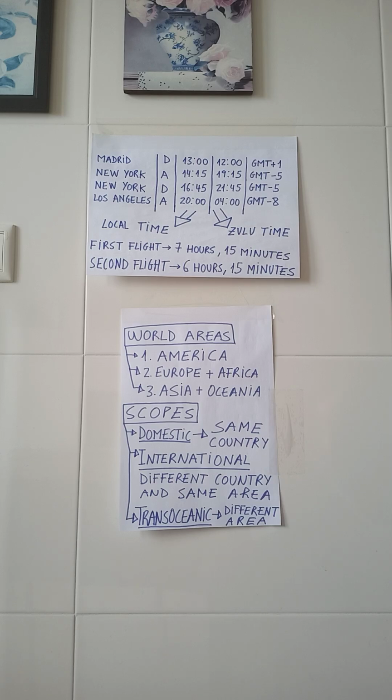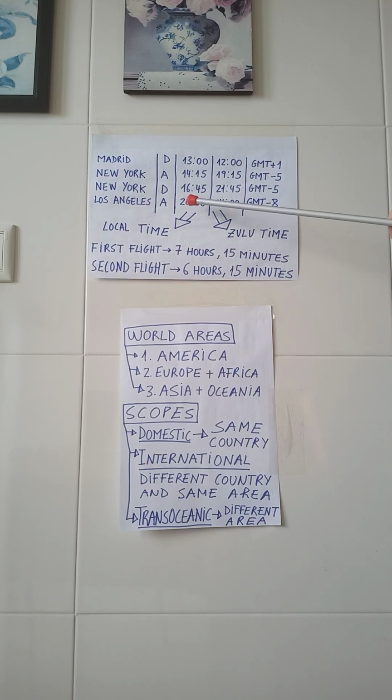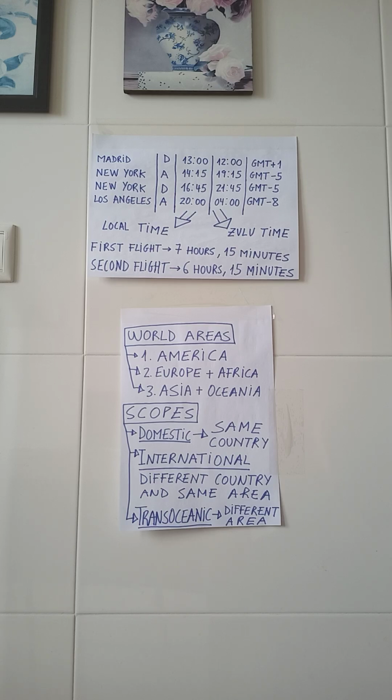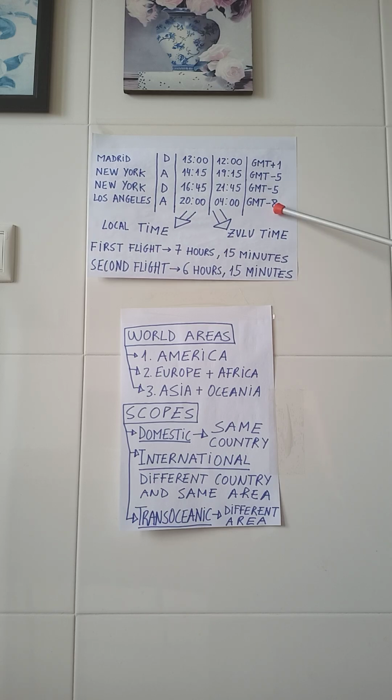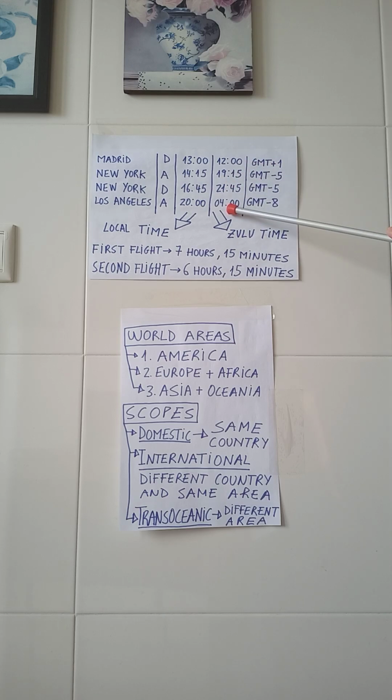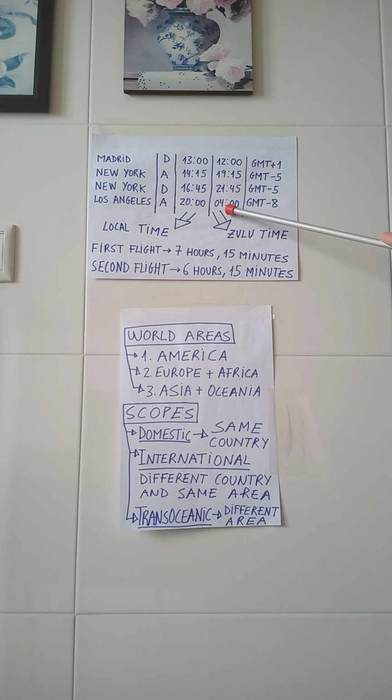And finally, we see that to know the local time of Los Angeles, we must subtract 8 hours from Zulu time. You must subtract from this time 8 hours and you will get the local time in Los Angeles.